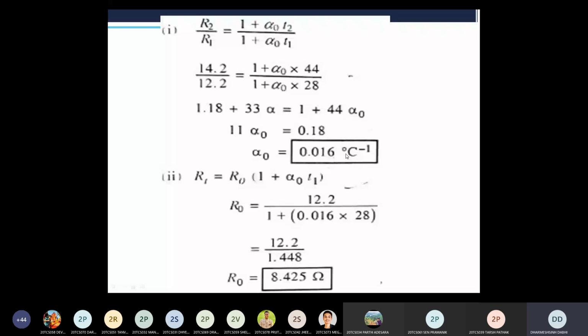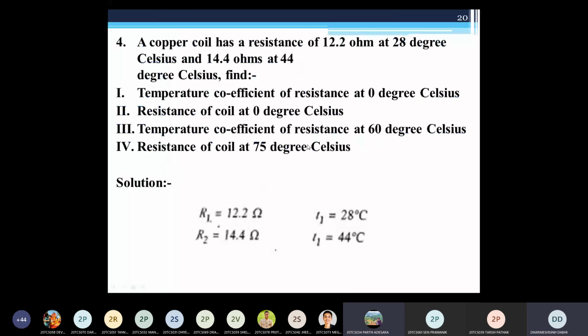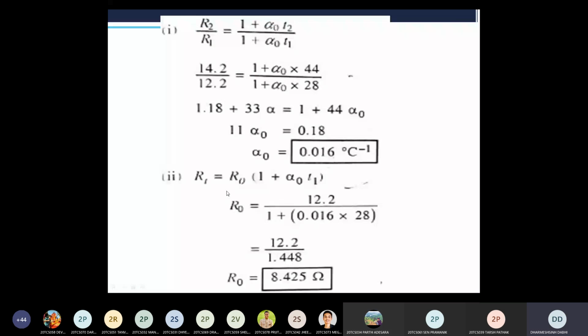Resistance of coil at 0 degree Celsius. It means you need to calculate R0. So as we know, equation RT is equal to R0 into 1 plus alpha 0 T1. R0 is the unknown quantity that we need to calculate. So R0 is RT divided by 1 plus alpha 0 into T1. RT, you can take any value of the resistance, 14.2 or 12.2.